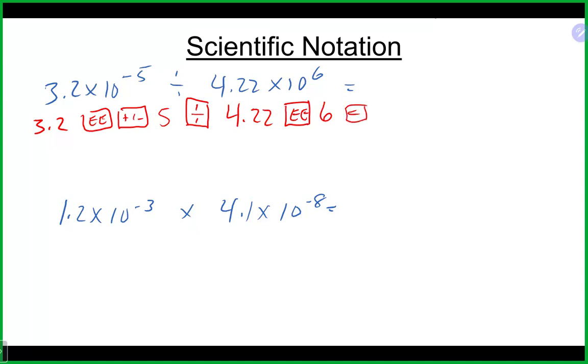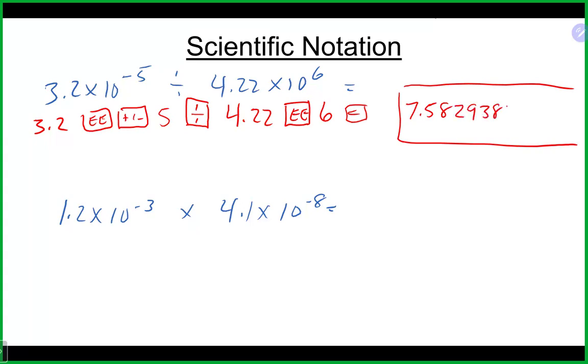And if you do all that, you will end up with, let me see here, 3.2. You will end up on your calculator with something that looks like this: 7.582938.